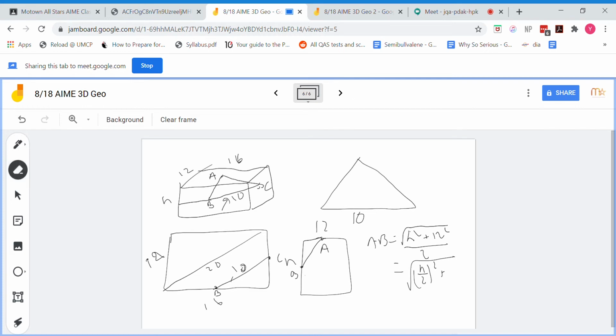So it's half square root of h squared plus 12 squared. And same with the other side, right? Obviously it's the same thing except with 16. So it's half square root of h squared plus 16 squared.